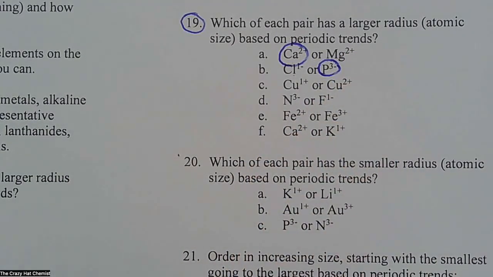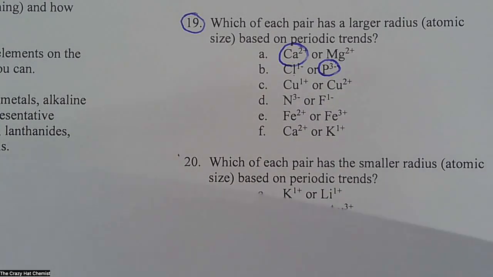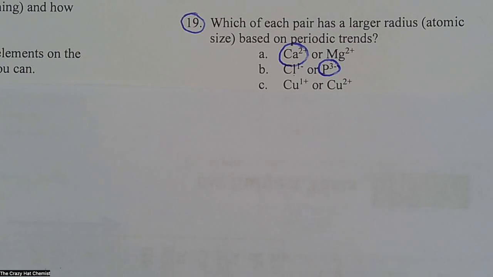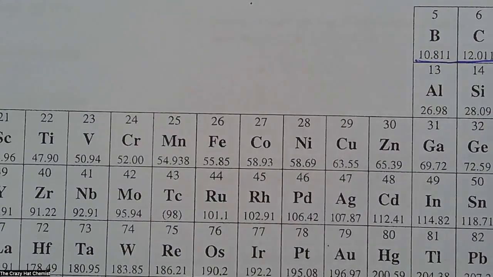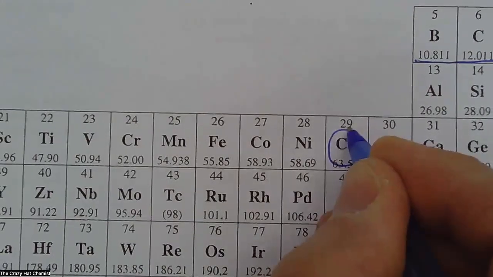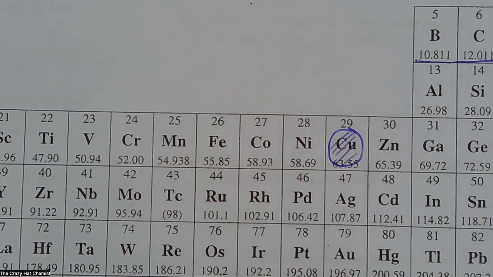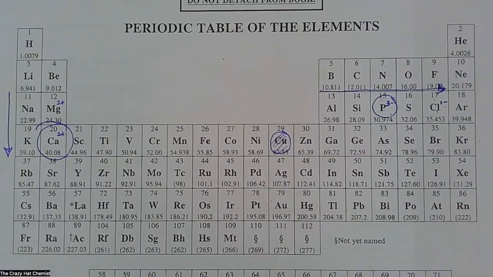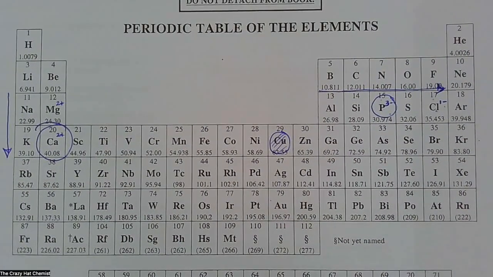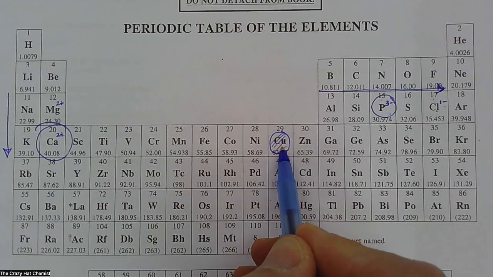All right. Now the next one we're looking at is the copper 2+ versus the copper 1+, and figure out which one is larger. So really what we need to do is we need to find copper on our periodic table. It is right here. I'll just shade that in there, and I'm going to zoom out here so we can see our whole periodic table. What we're going to do is write out the electron configuration for copper.